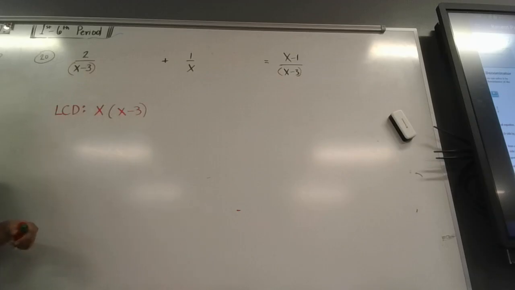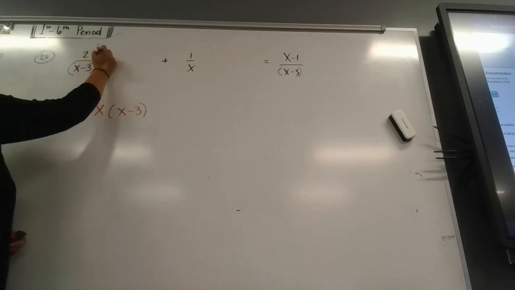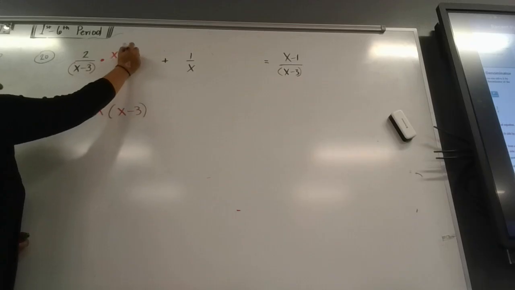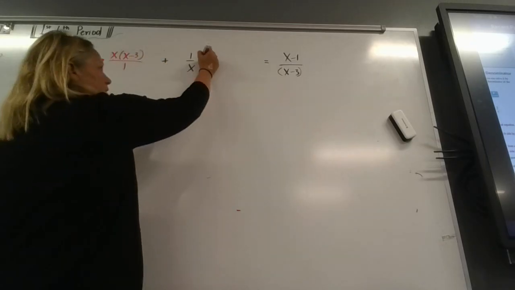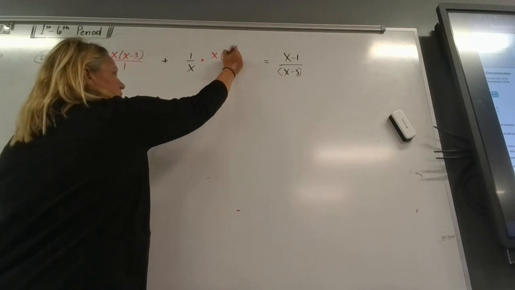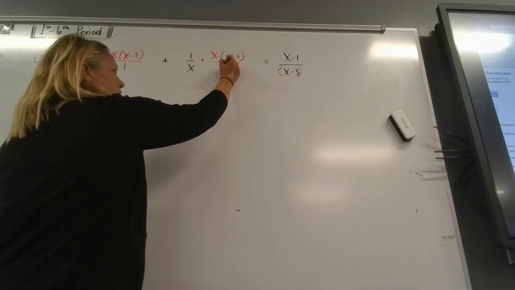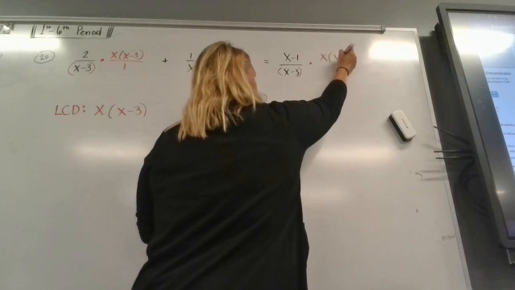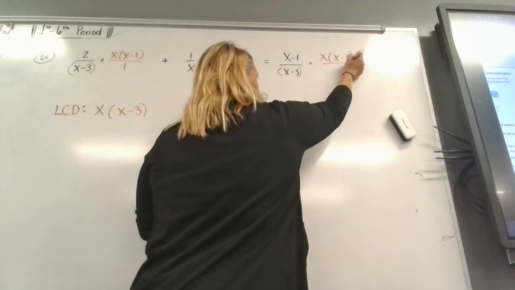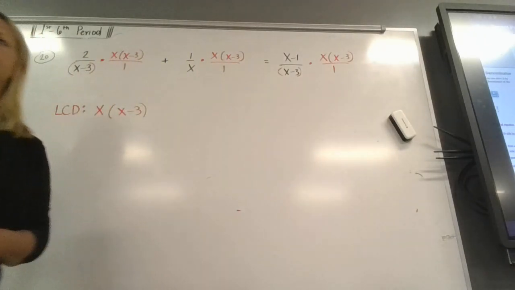All right, step 1, we're going to multiply all 3 parts by this. So x minus 3 over 1, x minus 3 over 1, x minus 3 over 1.